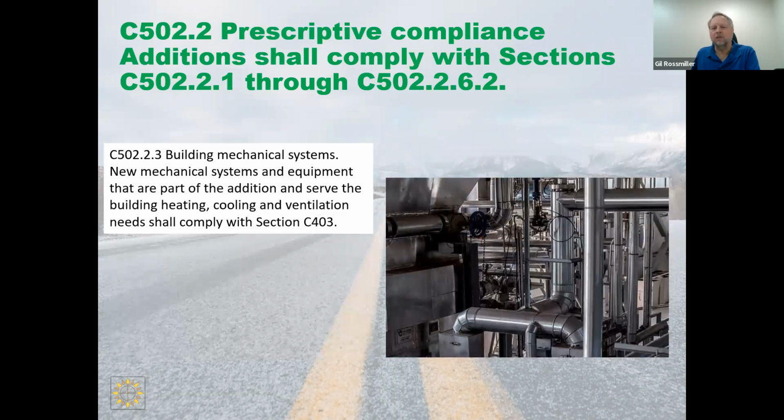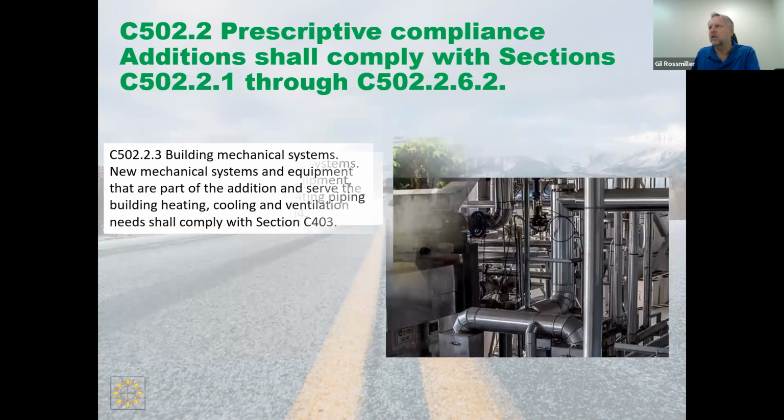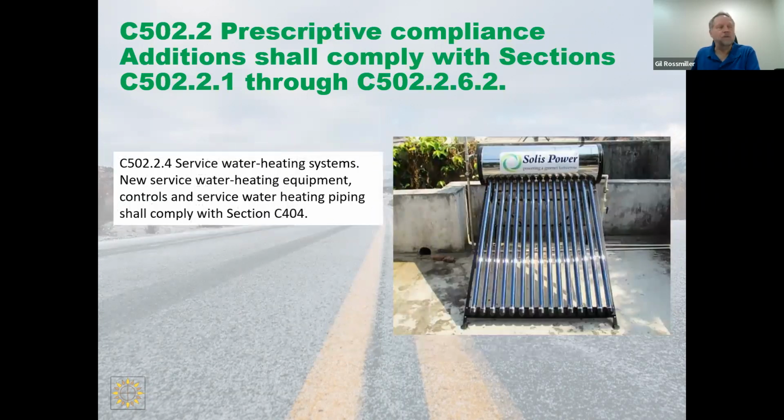Yeah, building mechanical systems, they've all got to comply. Anything that's new has got to comply. Any new service water heating is going to comply. So even if there's enough hot water in the water heaters in the existing buildings, all the new piping, anything going on there, is going to need to comply.